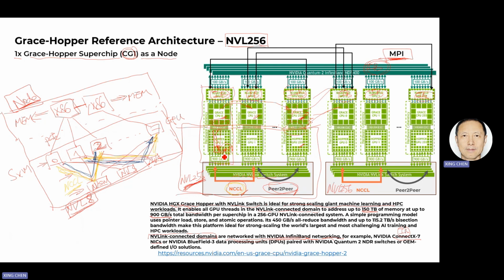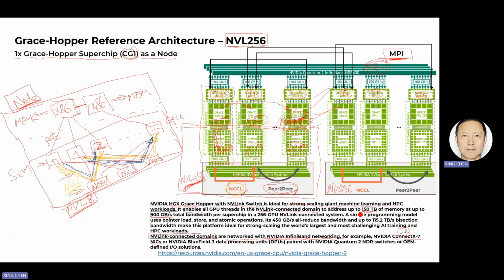Basically, the thread can access its own HBM, its own host memory, and at the same time it can also access all the host memory and the GPU memory of all the nodes belonging to this NVL domain.